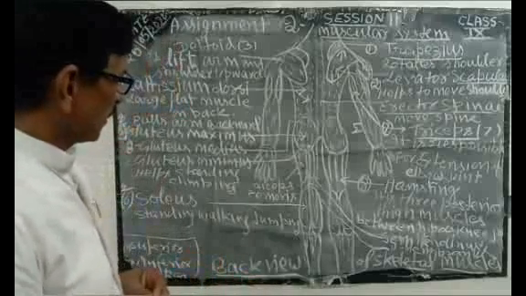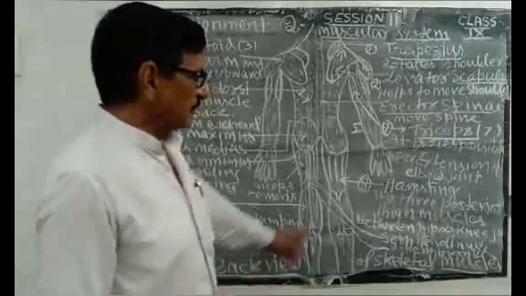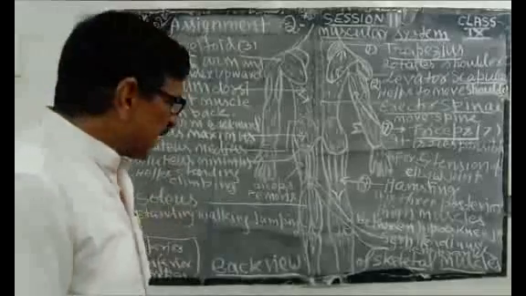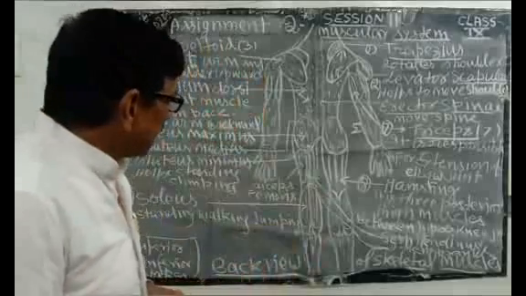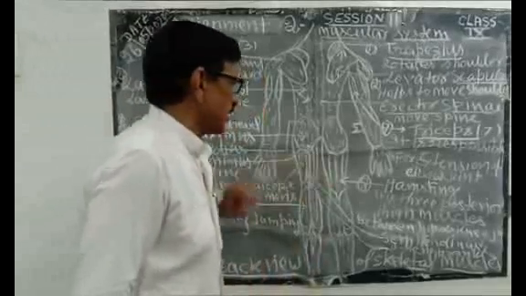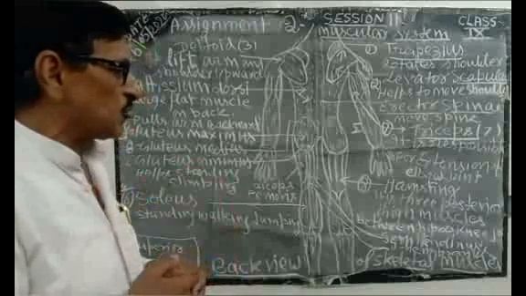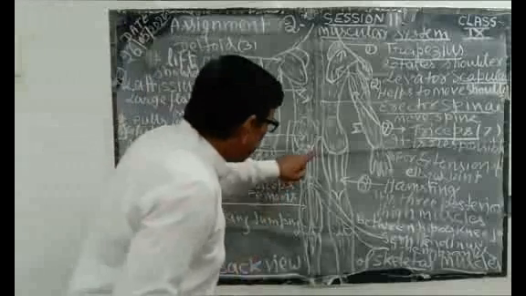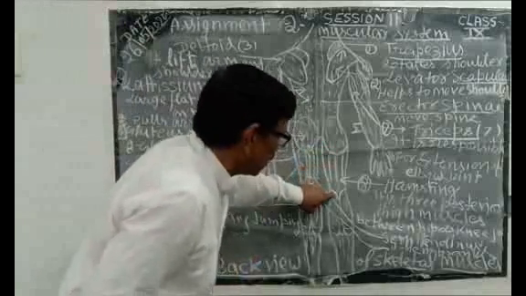Now, next, hamstring muscle. We can say about the hamstring muscles. It is related with the thigh muscle. It is three posterior thigh muscles between the hip and the knee joint.